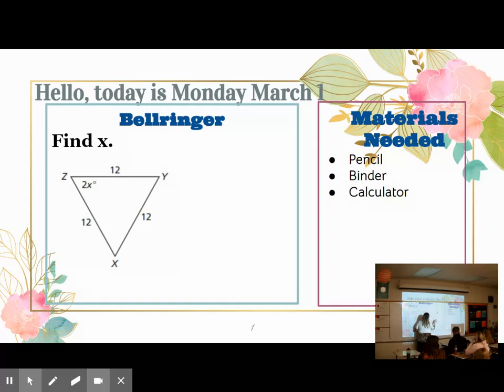These two angles are marked congruent. This was angle 1, and I believe this one was 70 degrees. So to find angle 1, if this one's 70, this one's also 70, and you would do 180 minus 70, which is 110 degrees. So angle 1 is 110 degrees. Now, pass your bell ringer to the front and to the right.